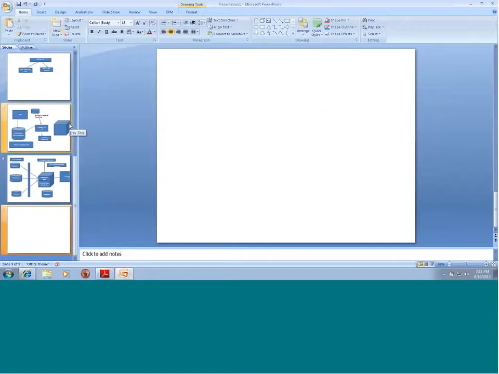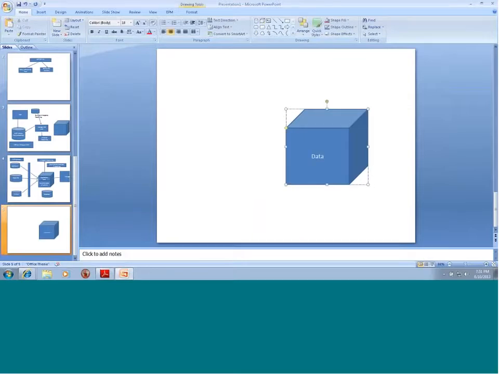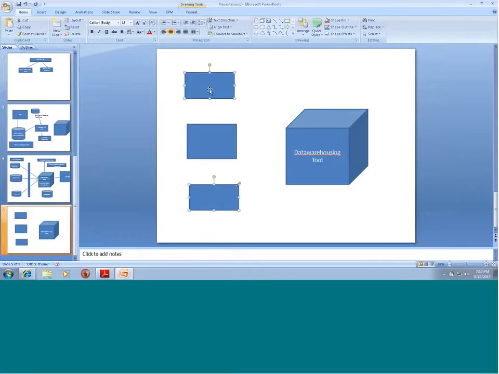Now that we have understood what a data warehousing system is, let's look at the three primary functions of a data warehousing system. No matter what the tool is, I'm not going into any specific tool at this point. In any data warehousing tool, there are three primary steps that need to happen. It can be SAP BW, it can be Hyperion, it could be any software that we have.